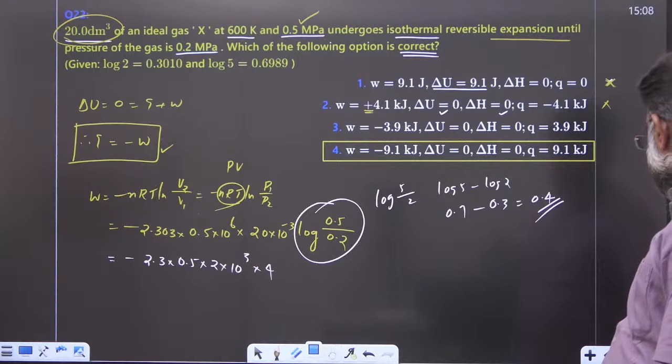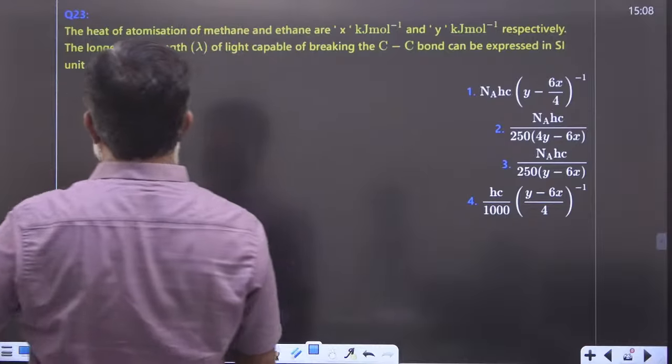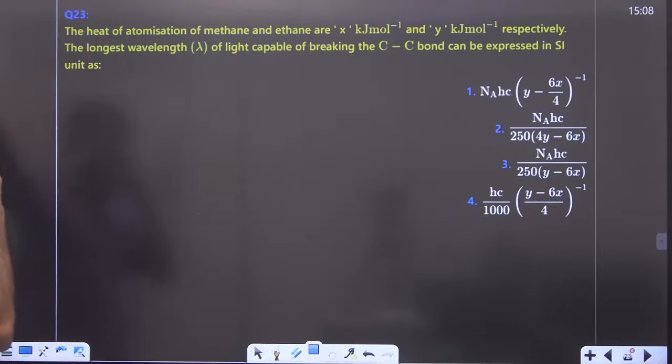Next. The heat of atomization of methane and ethane are x kilojoule per mole and y kilojoule per mole respectively. The longest wavelength lambda of light capable of breaking CC bond can be expressed in SI units.